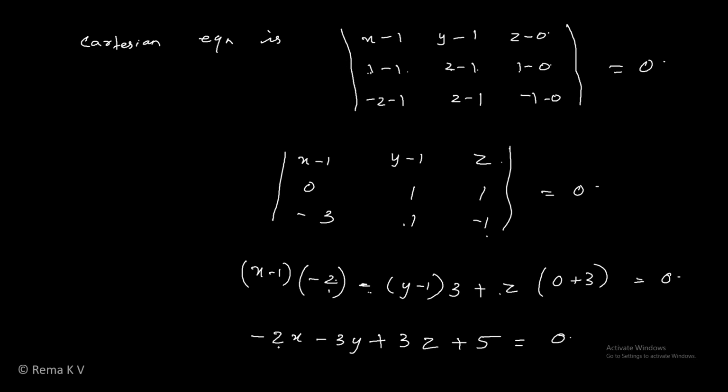Or you can write this as 2x plus 3y minus 3z minus 5 equal to 0. Is it clear?